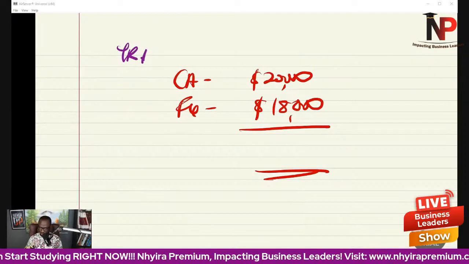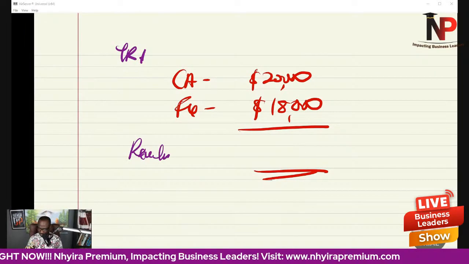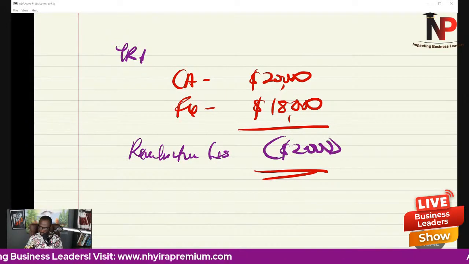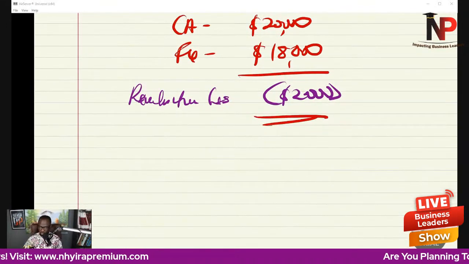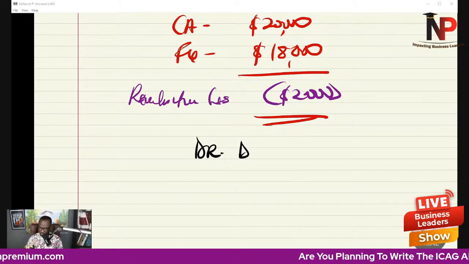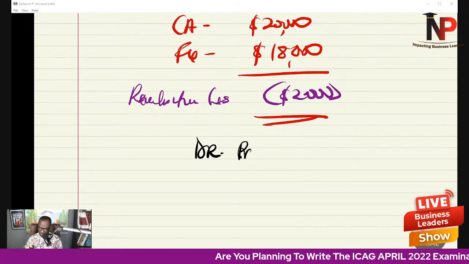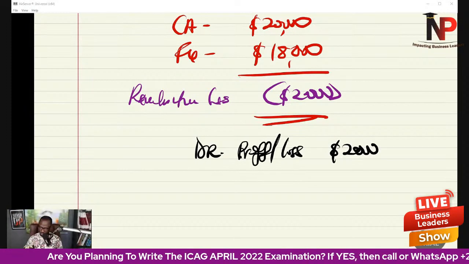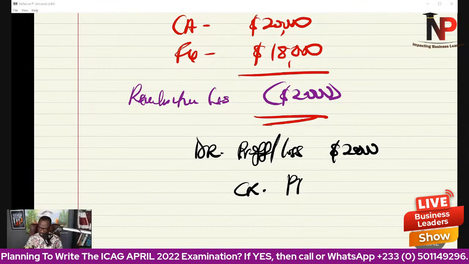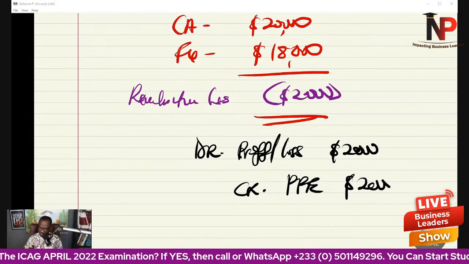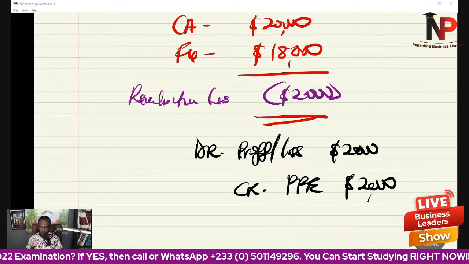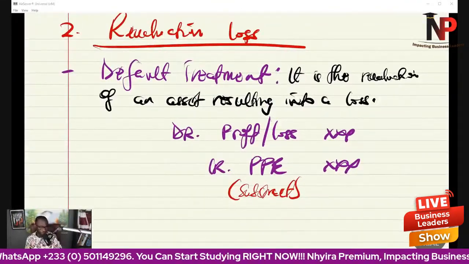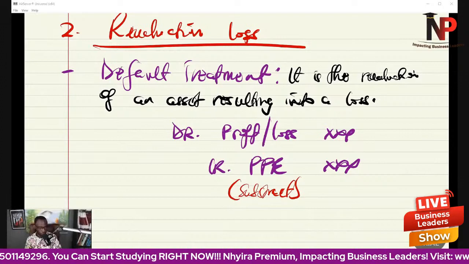So immediately we realize that there is a revaluation loss of 2,000. This loss should be debited to the profit or loss account. So you debit the profit or loss account with 2,000, and then you credit the PPE with 2,000. Are you following me carefully? So this is year one, and that is the default treatment for revaluation loss.